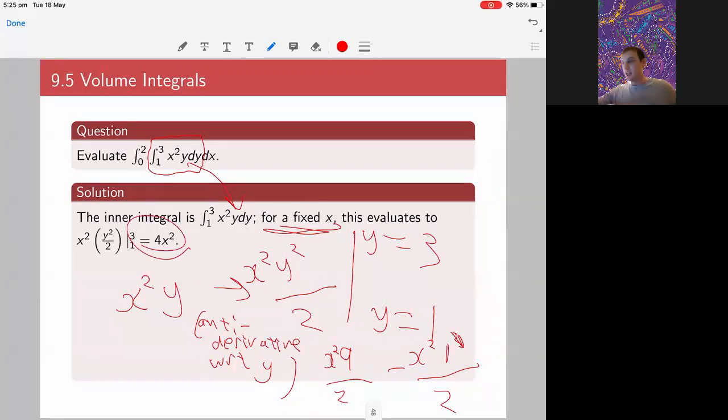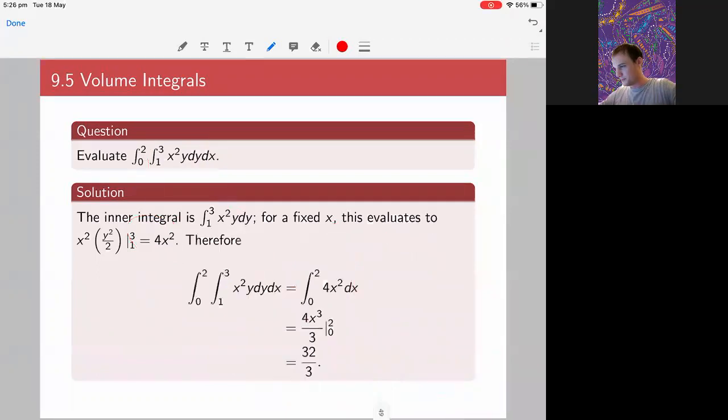So we've now done the inner integral, but now we need to do the outside integral. How does that go down? Well, the outside integral is this guy here. That's the outside integral, and we're trying to integrate 4x squared dx from 0 up to 2.